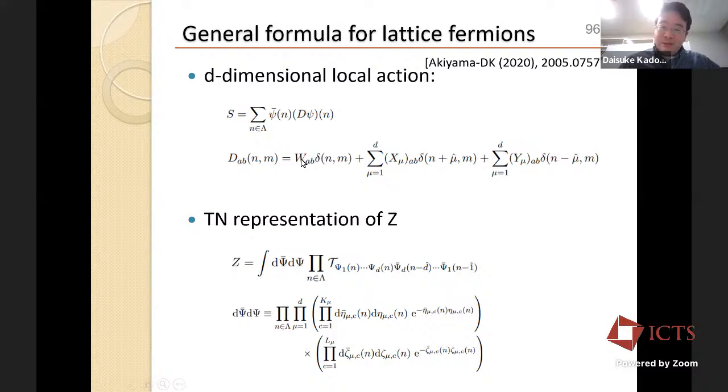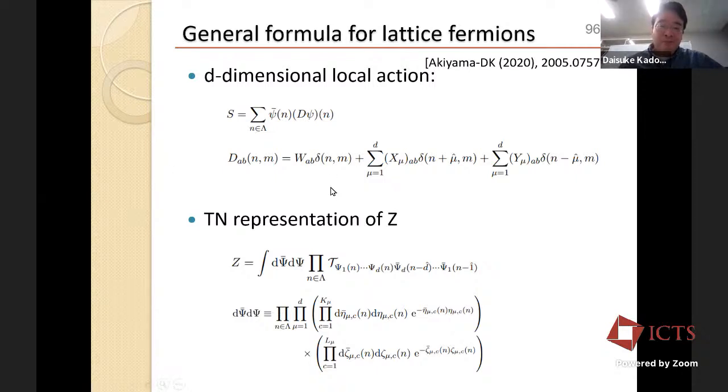The W term is the on-site interaction, and the X mu and Y mu terms are nearest neighbor interactions. The concrete form of X mu, Y mu and W depends on the type of lattice fermion.